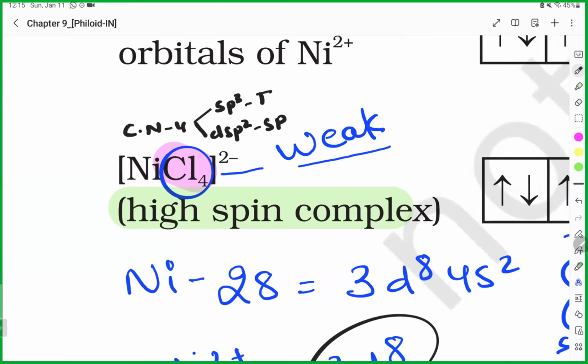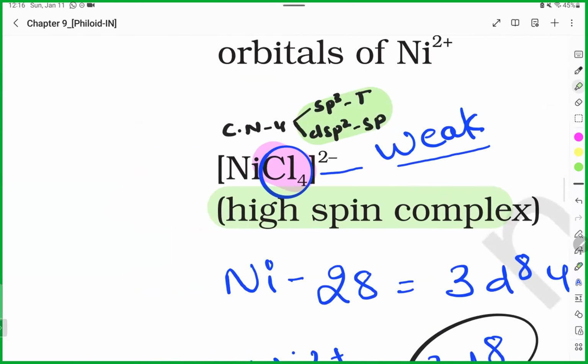Only these possibilities, if you have only 4. Now, the easiest way to understand strong and weak ligands: all the halogens are weak ligands. Whether you take fluorine, chlorine, bromine, or iodine, all 4 halogens are weak ligands.